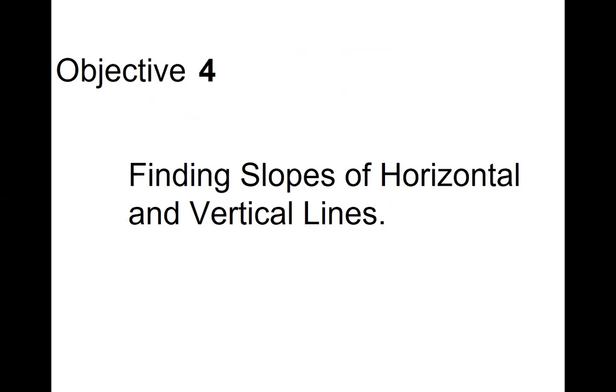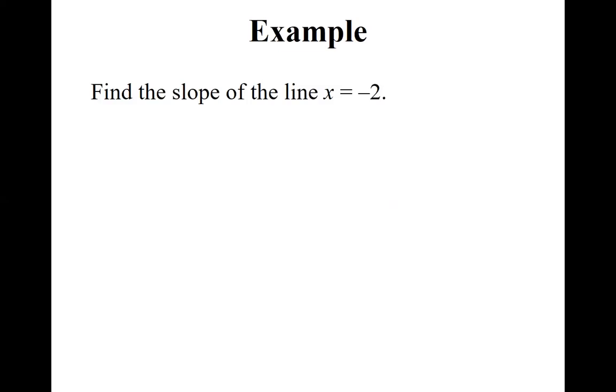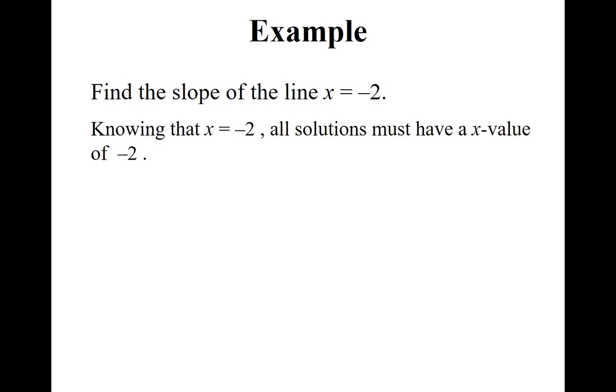The fourth objective in this topic is finding slopes of horizontal and vertical lines. Find the slope of the line x equals -2. Well, knowing that x equals -2, all of our solution points must have an x value of -2.